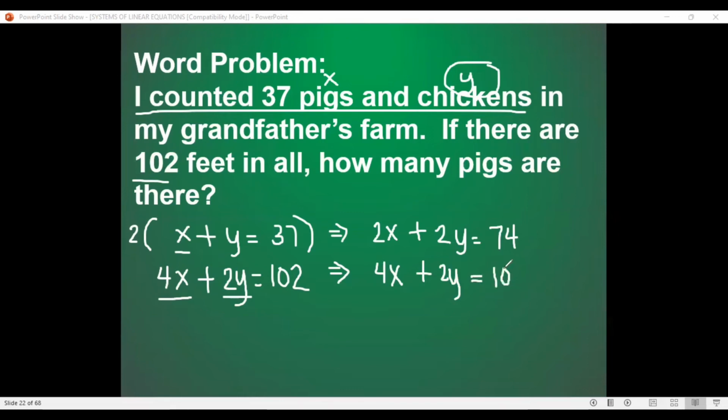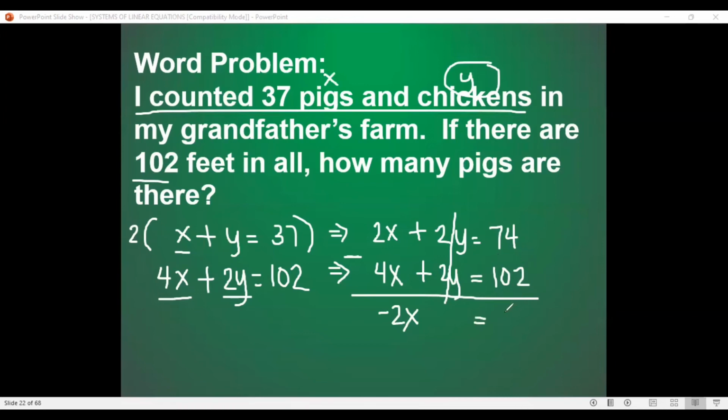Now the rule here is we eliminate the y, and the process of doing it is by subtraction because they have the same sign, so they are both positive. So subtracting now 2y and 2y, that's already eliminated. Now when you have 2x minus 4x, the answer that you will be getting here is negative 2x, and we have now 74 minus 102.